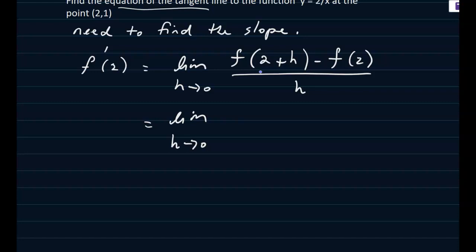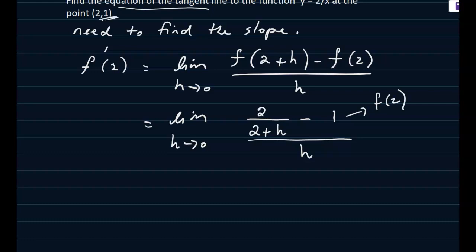So we're going to put 2 over 2 plus h, minus 1, all over h. And remember that f of 2 was given by the point that we already have right here, (2, 1).